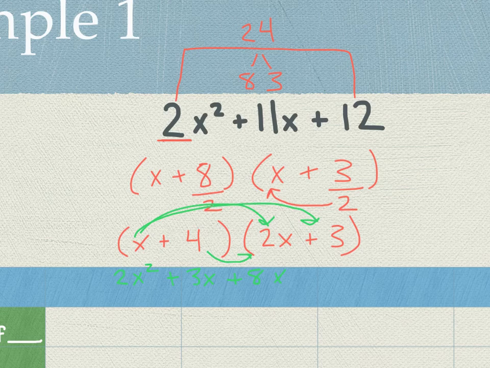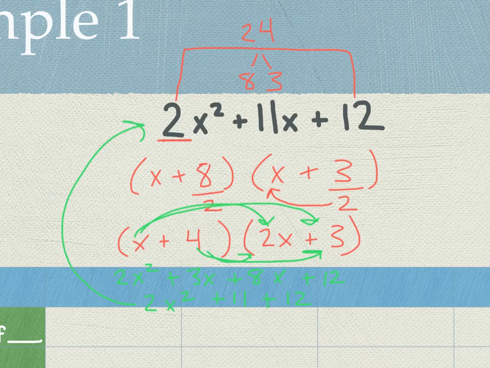And then the last terms. So 4 times 3? 12. And then we combine the two terms in the middle. So we get 2x squared plus 11x plus 12. And that's the same thing we started with. So we know we did it right.